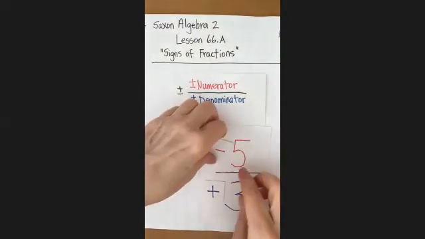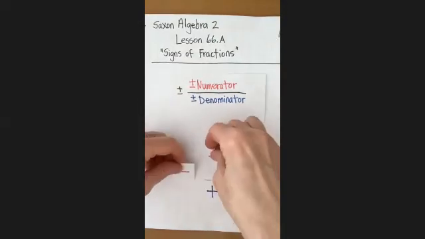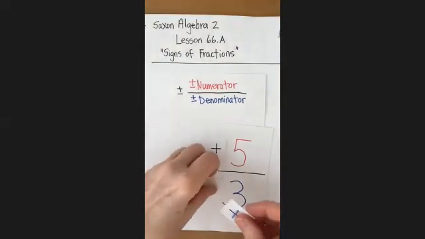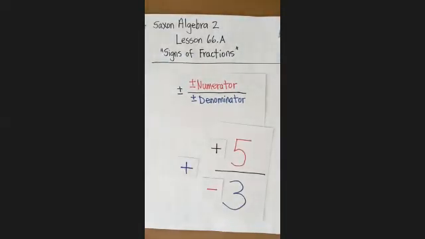I can move this minus sign to the fraction itself, and it's still a minus fraction. I could move that minus sign to the denominator. It's still a minus fraction. We haven't changed the sign of the fraction or the way it would work in the equation of a line.